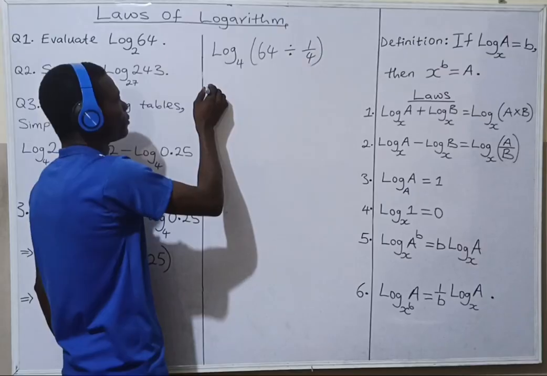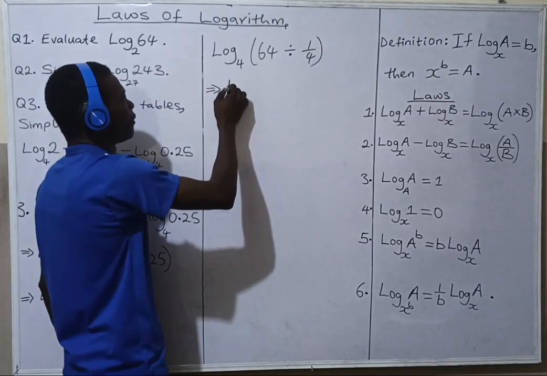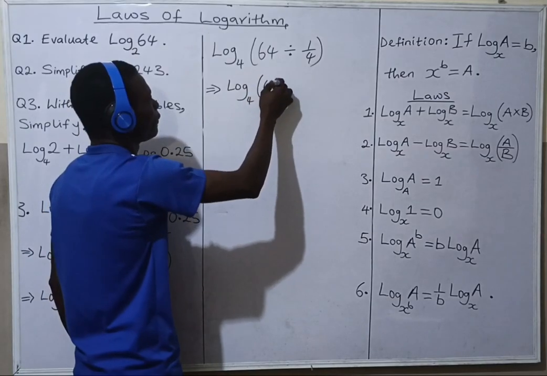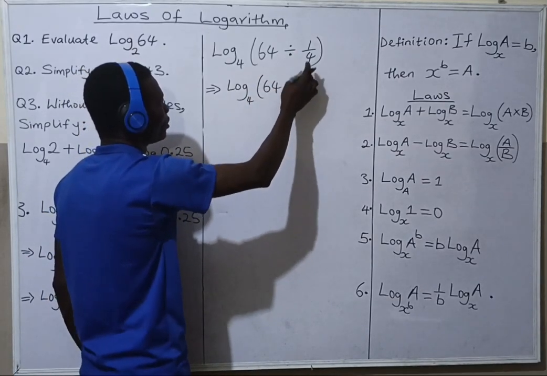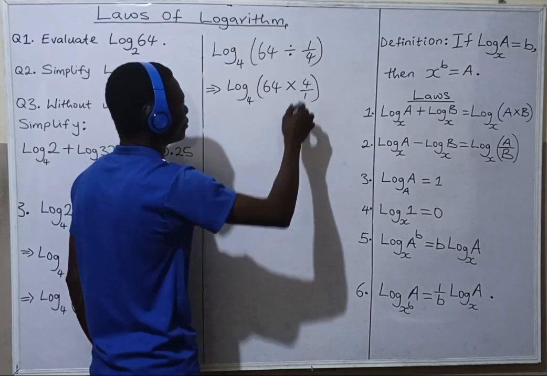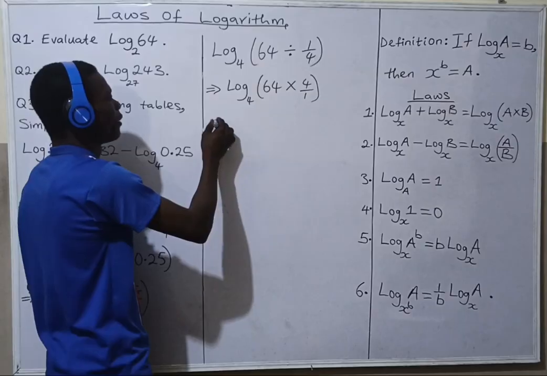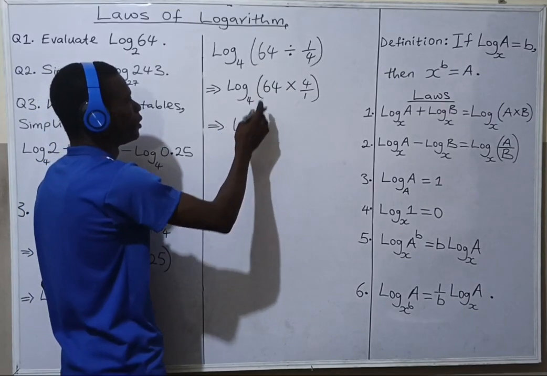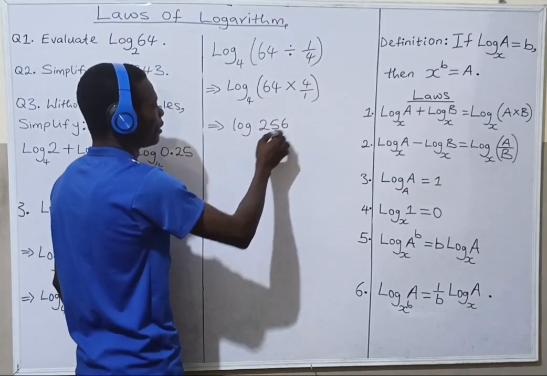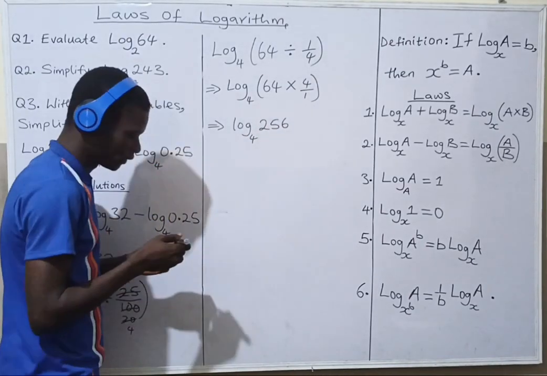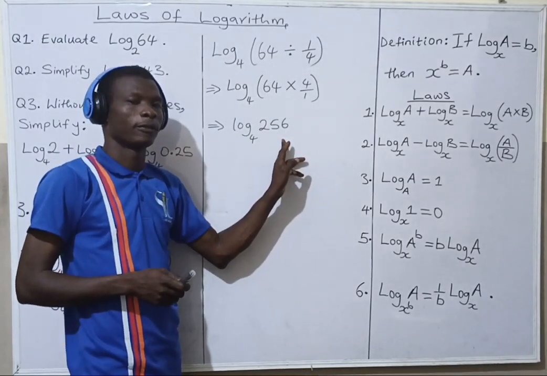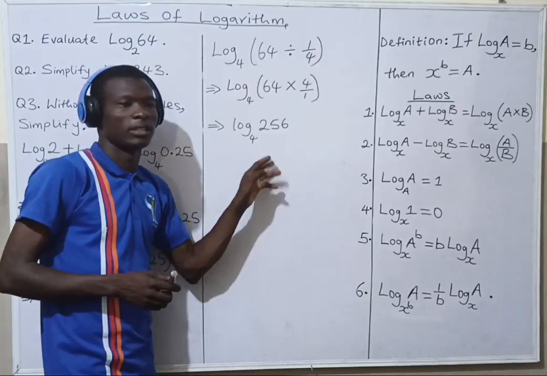Okay, so we'll proceed further again to have log to base 4 of 64, and division changes to multiplication. As a result of that, we are going to be having this as 4 over 1. Okay, so we have log 64 multiplied by 4, of course, is going to give us 256, and that's to base 4. Okay, 256 is in the lineage of 2. 4 is also in the lineage of 2.